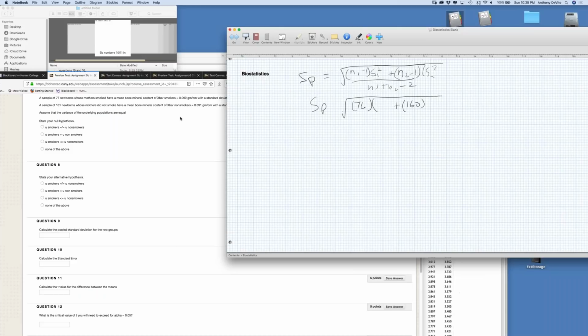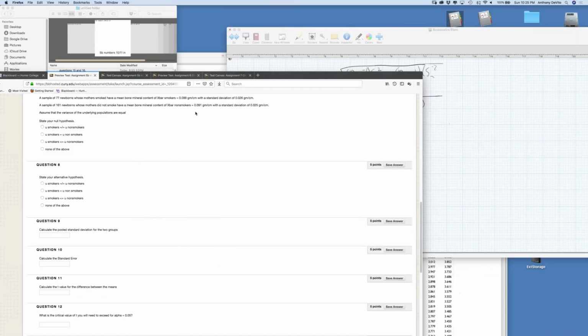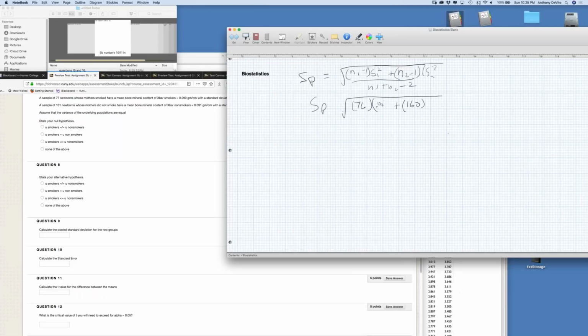Times standard deviation of group 1 was 0.026. And we're going to square that. And for group 2, it's 0.025.